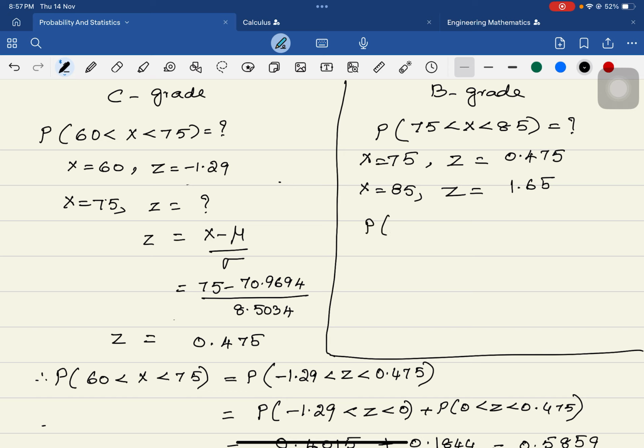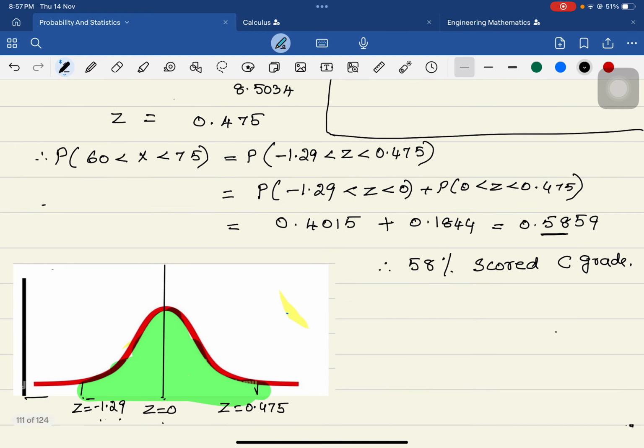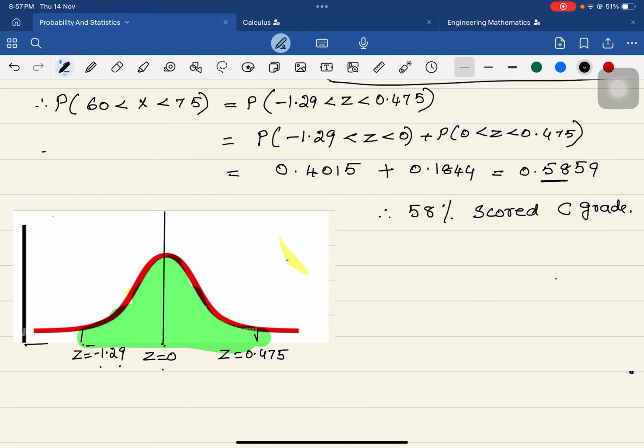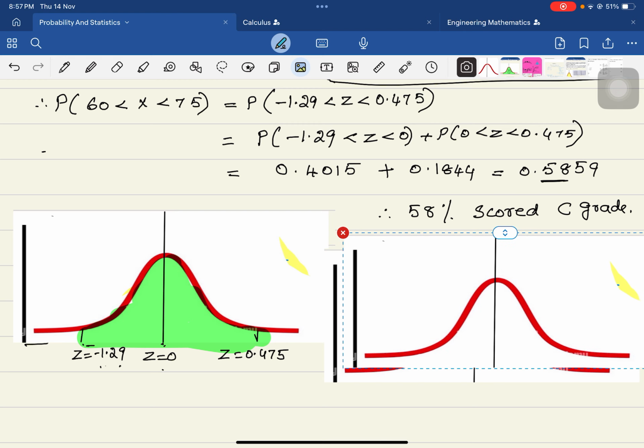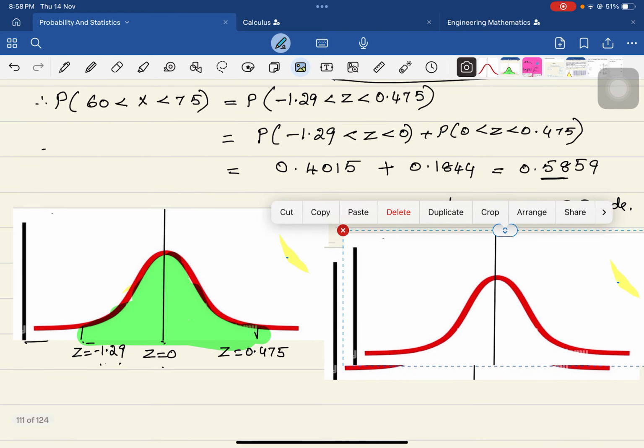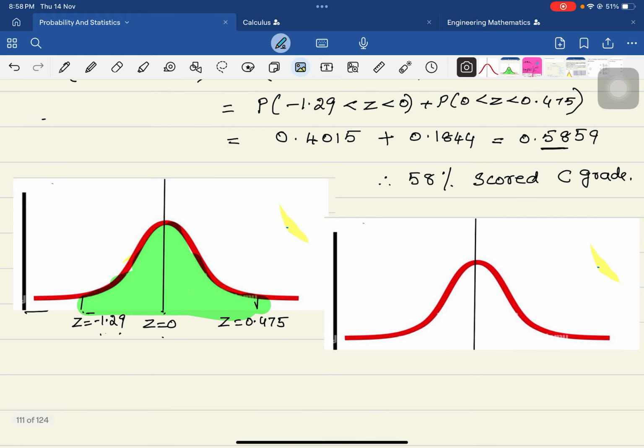So, the area between 75 and 85 is the same as the probability of 0.475 less than Z less than 1.65. So, let us have the figure, try to understand the figure here.